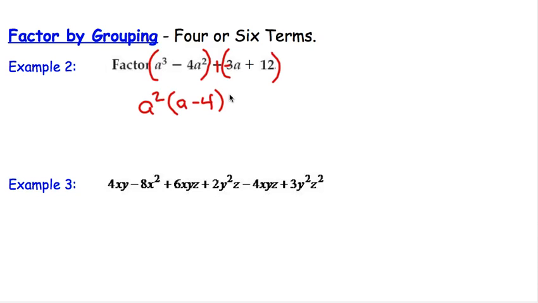Plus, I go to the second set. Negative 3a plus 12. Well, those both have a factor of 3. Then I write what I'm left over with, and that's negative a plus 4.